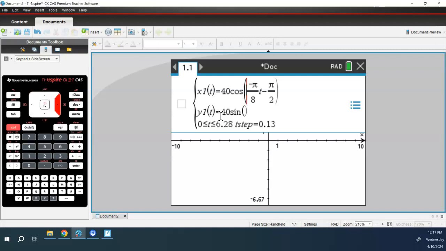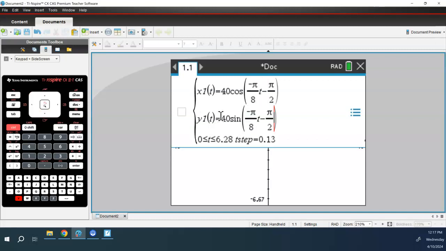Now, anything else that we need to change on here? The t-value needs to go to what?